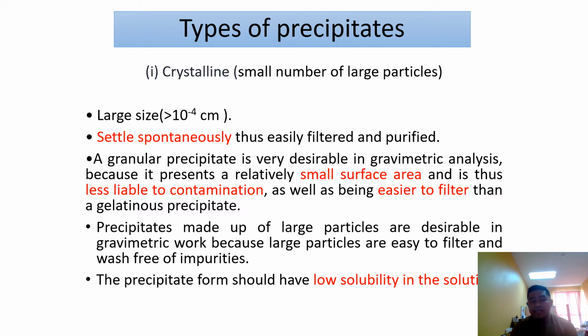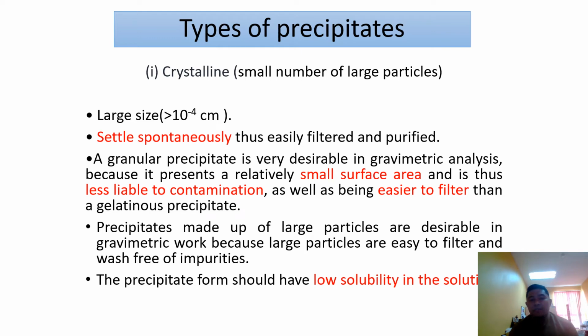At the same time, a granular precipitate is very desirable in gravimetric analysis because it presents a relatively small surface area and is thus less liable to contamination, as well as being easier to filter than a gelatinous precipitate. Gelatinous precipitates are usually what we deal with as colloidal precipitates. Like milk when we leave it for a while, it becomes a bit like gelatin. That is quite hard actually, and usually there is contamination.